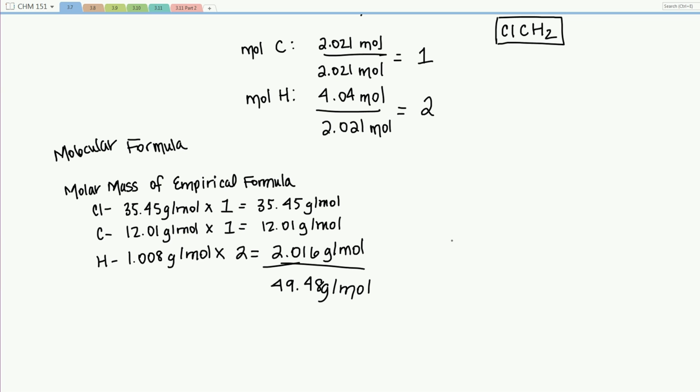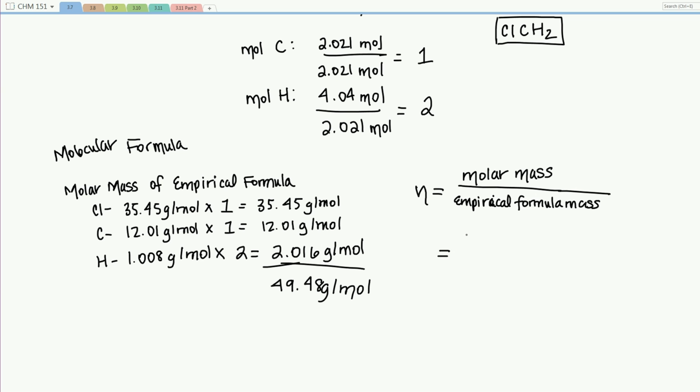Okay, so now if you'll remember our formula, we are going to calculate that integer n, which is equal to the molar mass that they gave us, so that's the molar mass of the molecular formula, divided by the empirical formula mass.